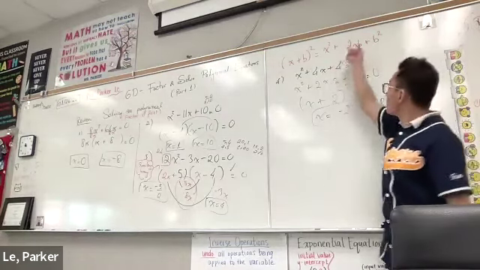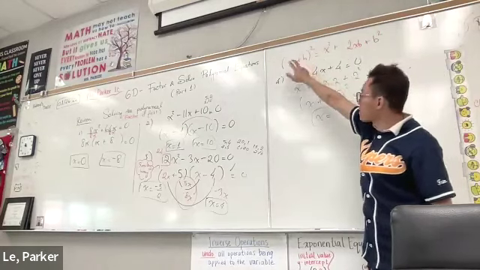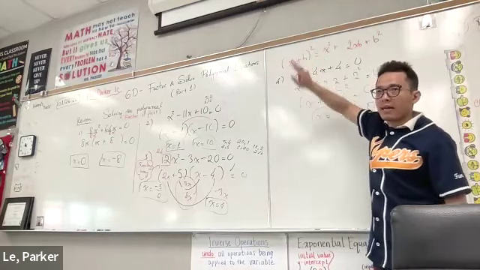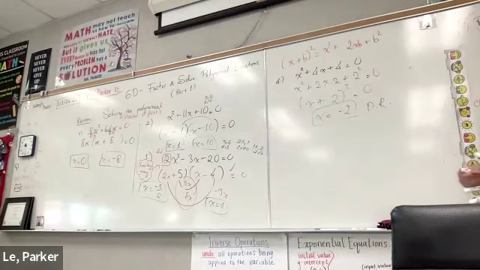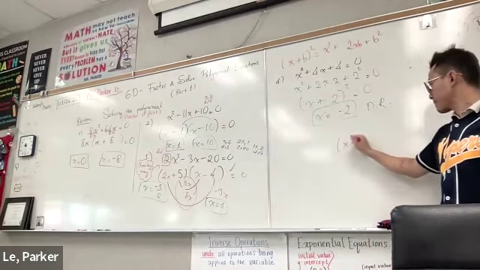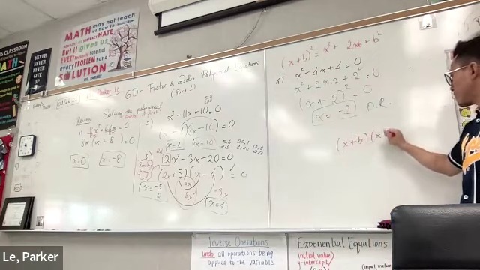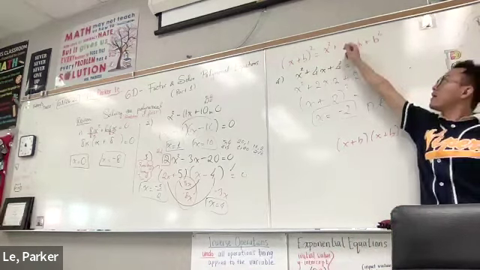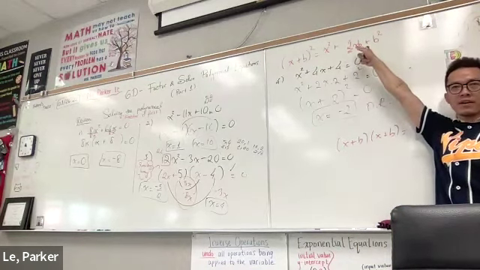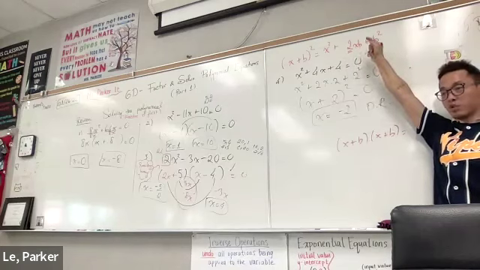The middle term of the binomial, just multiply them together times 2. Why times 2? Someone is asking me why there's a 2. Because there are 2 of them.